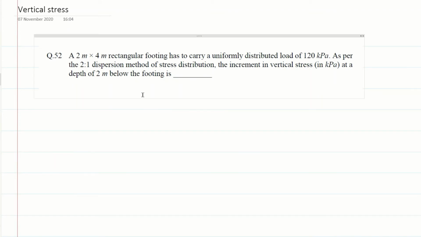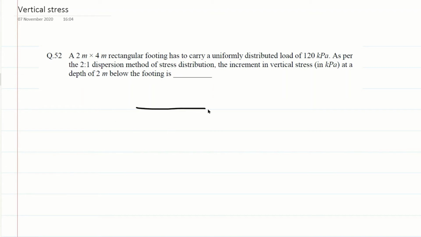See, whenever you go to deeper and deeper layers, the intensity of vertical stress decreases, right? Because the load gets distributed to a wider area, and they mentioned here the load distribution mechanism follows the 2:1 dispersion method, meaning 2 vertical to 1 horizontal distribution method.